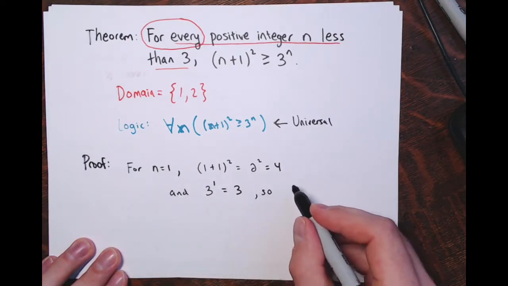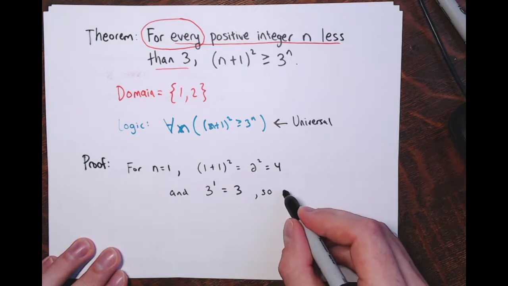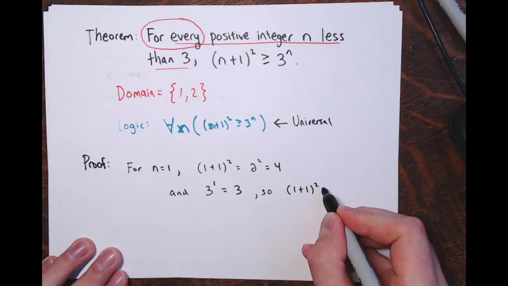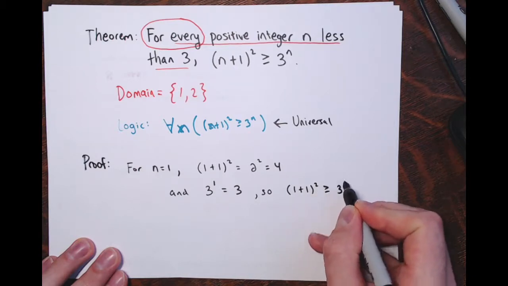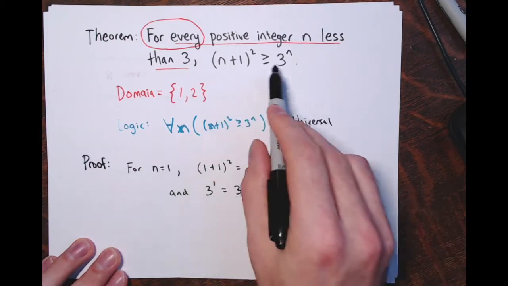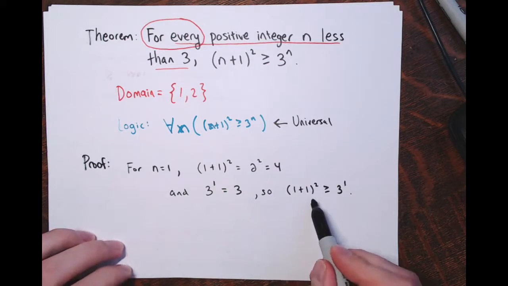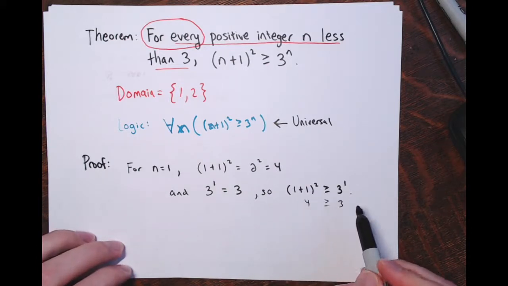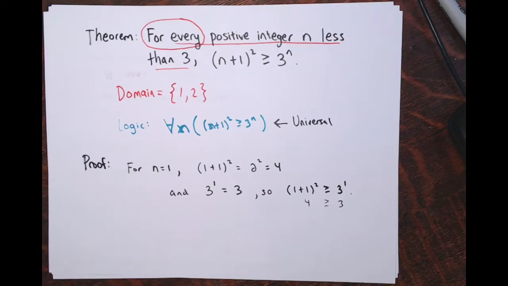So we have 1 plus 1 squared is greater than or equal to 3 to the first, right? This statement is true. Again, 4 is greater than or equal to 3. This statement is true for n equals 1.